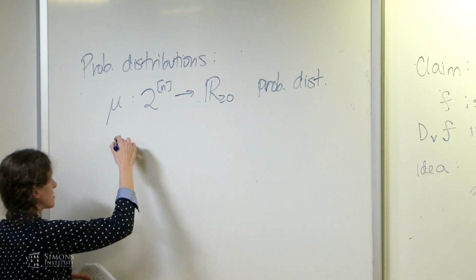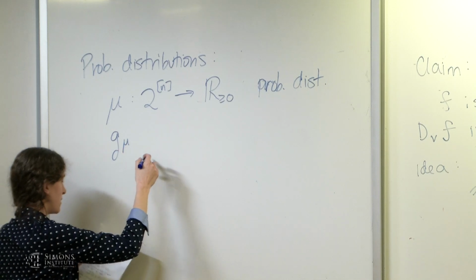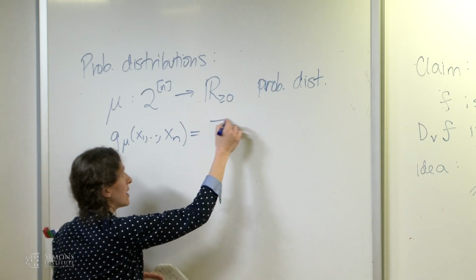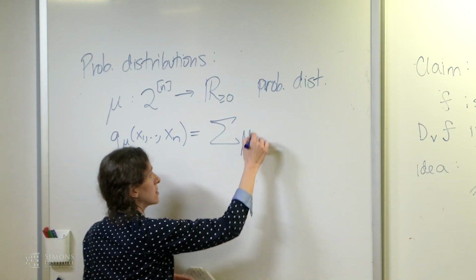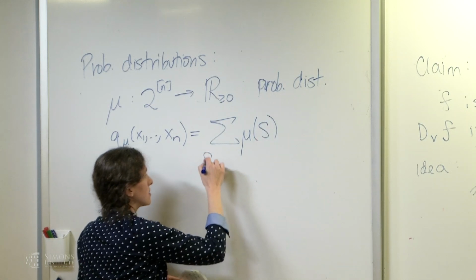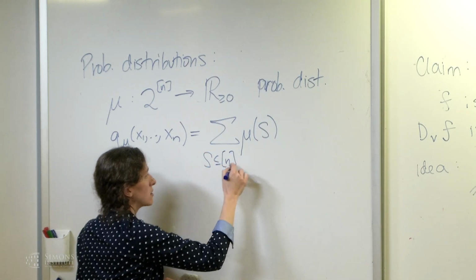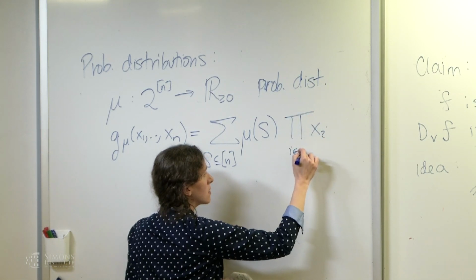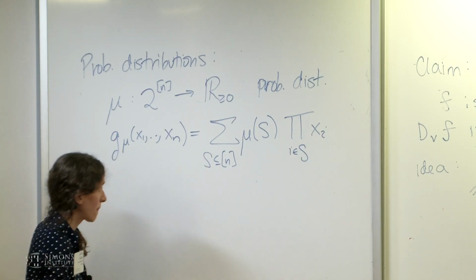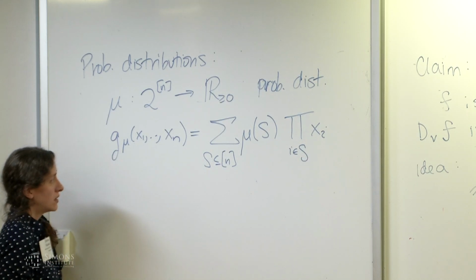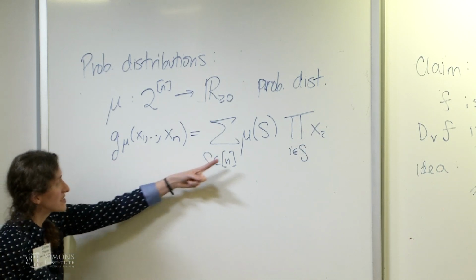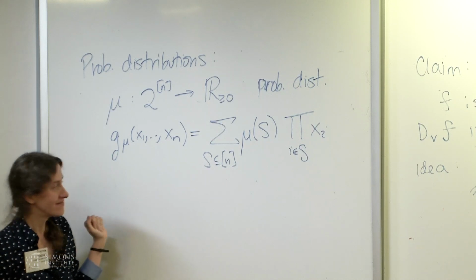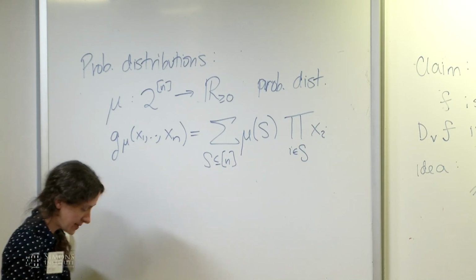And I could write down its generating polynomial, which will be a nice multi-affine polynomial whose coefficients come from the probabilities. If this is an honest probability distribution, note that when I plug in the all ones vector, I get 1, summing up over the probabilities of all those sets.